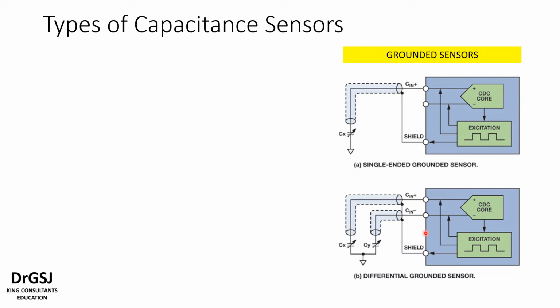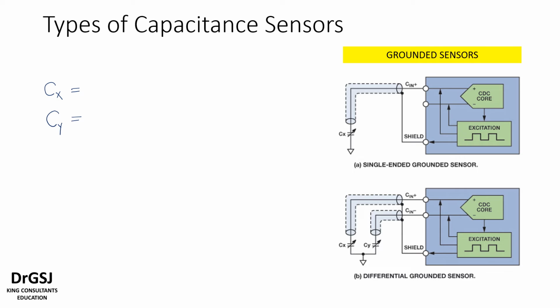So how does the differential grounded sensor work? The differential grounded sensor will have two measurements happening. One, you will have Cx and Cy. Now you can observe two things here.